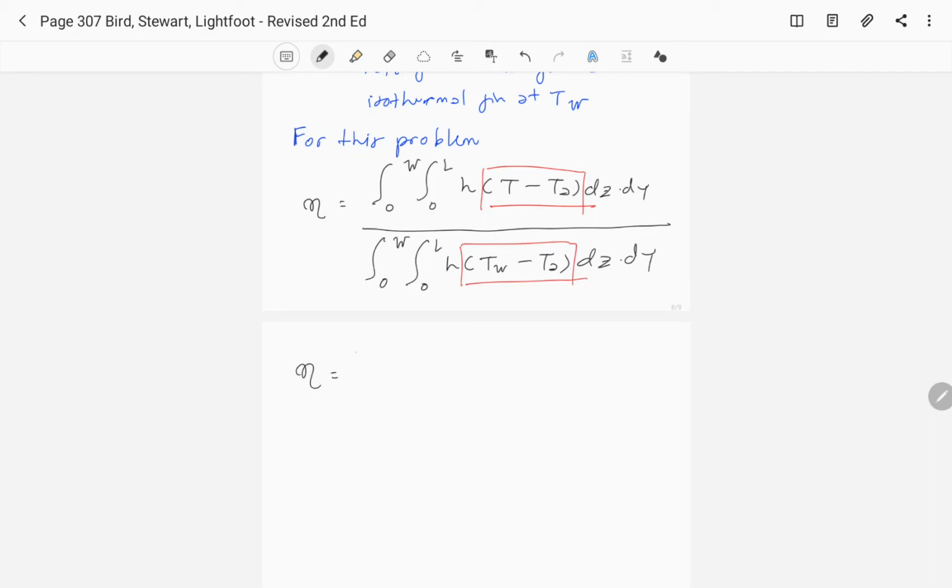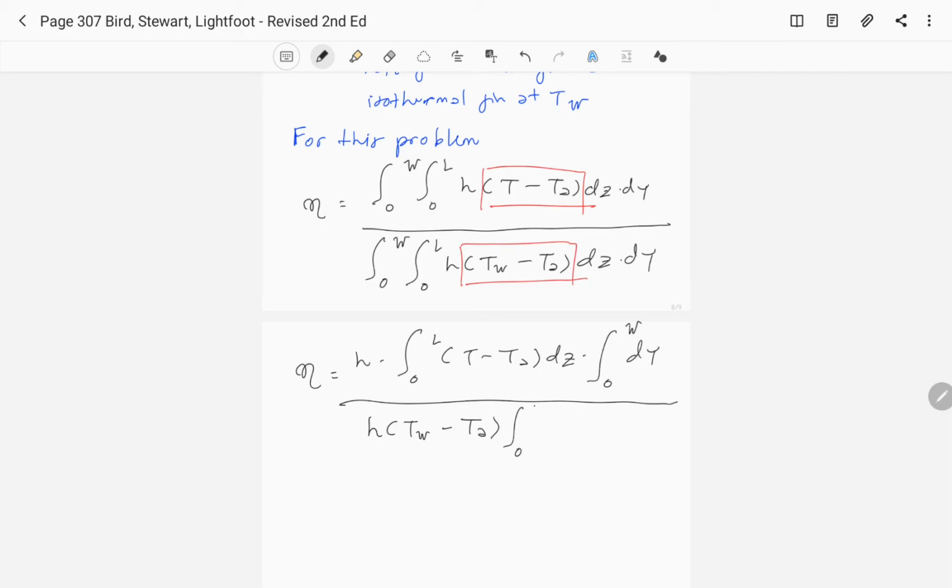So your efficiency will be equal to the integral 0 to L of (T minus TA) dz, integral 0 to W dy, divided by h(Tw minus TA), integral 0 to L dz, integral 0 to W dy. This is because this term in here can be separated from this term in here because T is only a function of z.